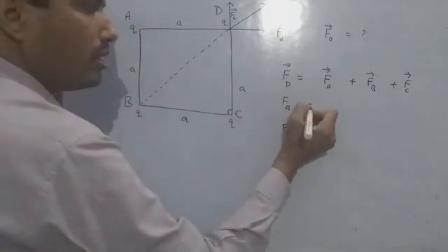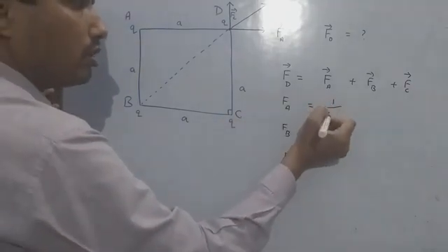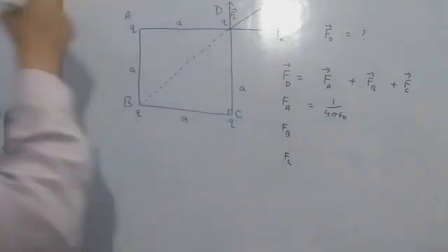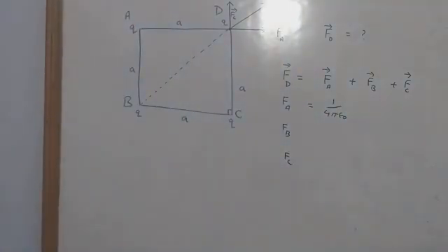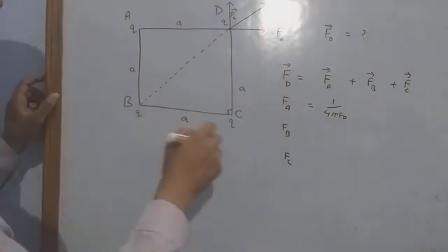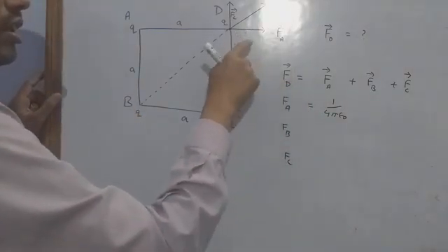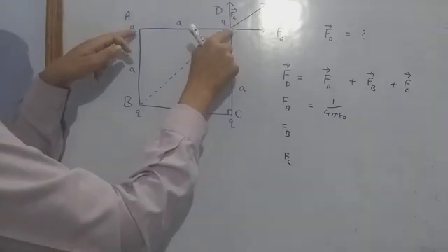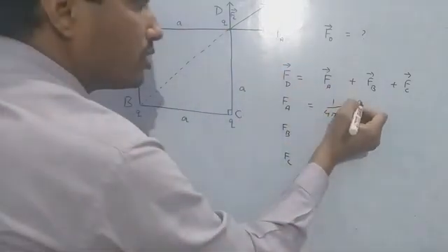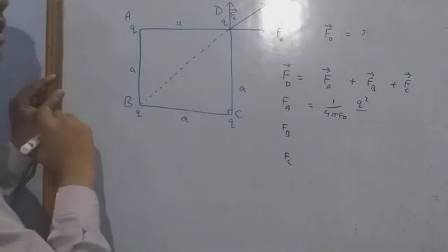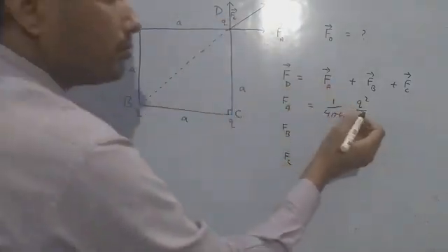How much will be Fa? It will be 1 upon 4 pi epsilon naught. Now we know Coulomb's law, product of charges by separation between them. What is the product of charges? This is for this pair, so Q times Q, that is Q square. And what is the separation between them?